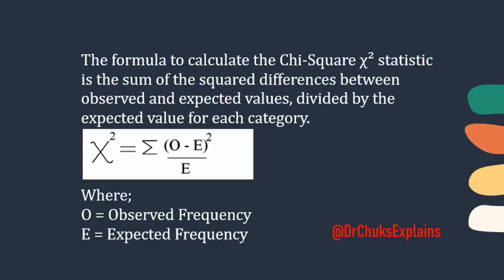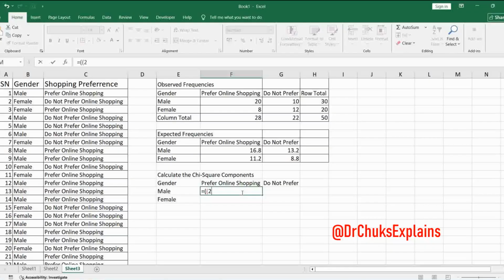For male preference, we'll put equal to, and we'll open the bracket, put 20, that is the observed, that's this, 20 minus 16.8, that is this, that is observed frequency minus expected frequency.